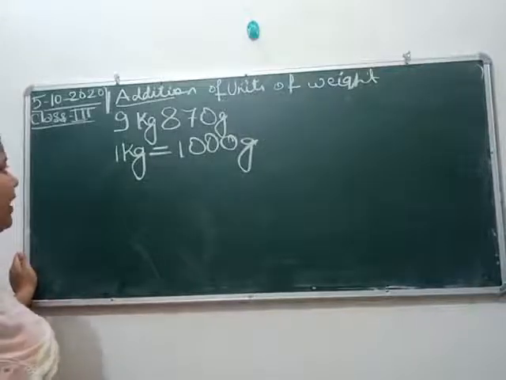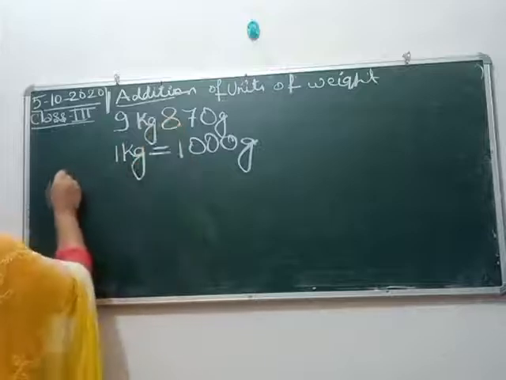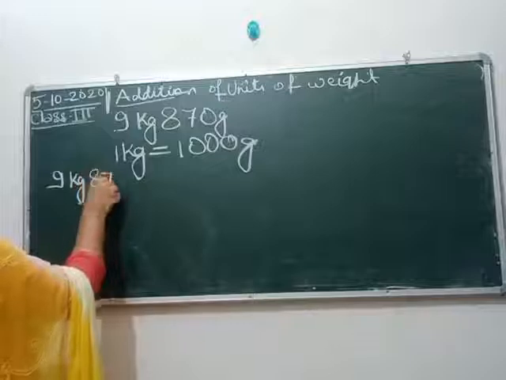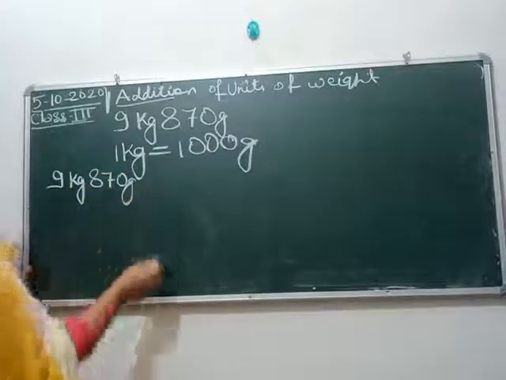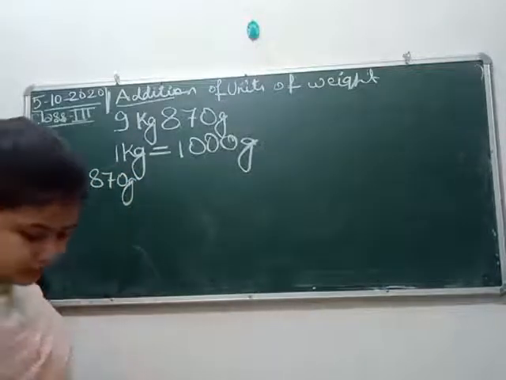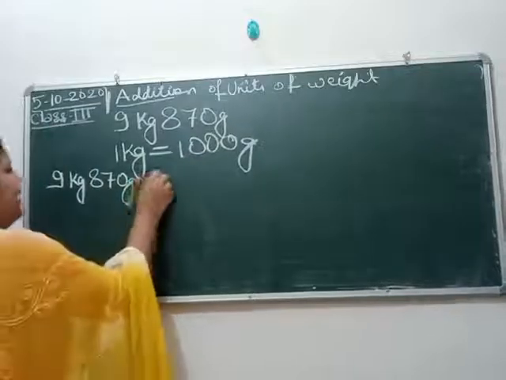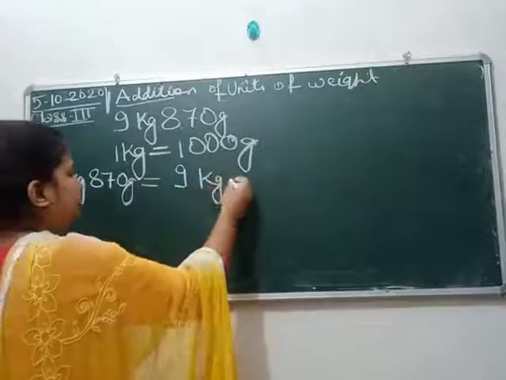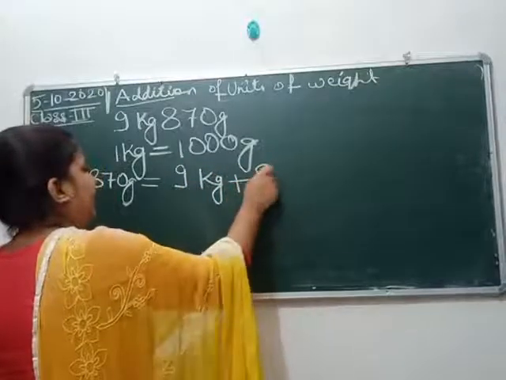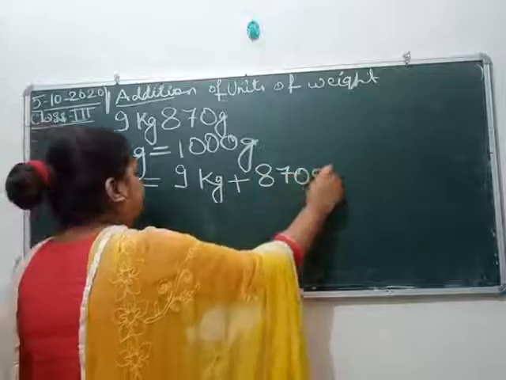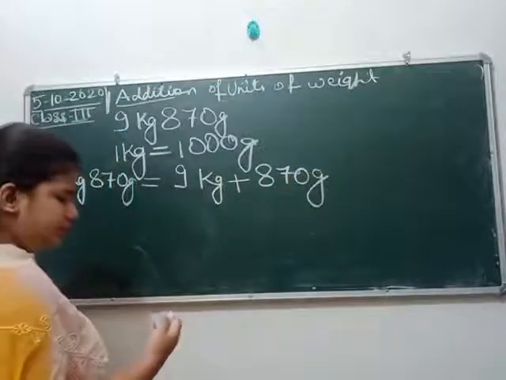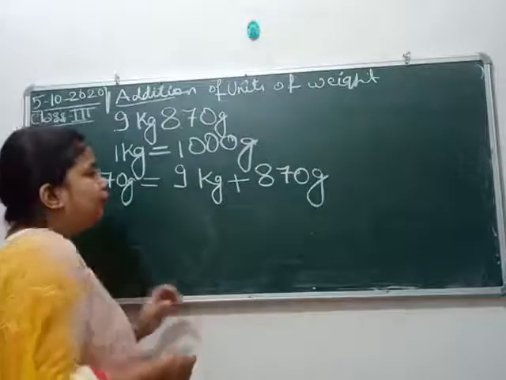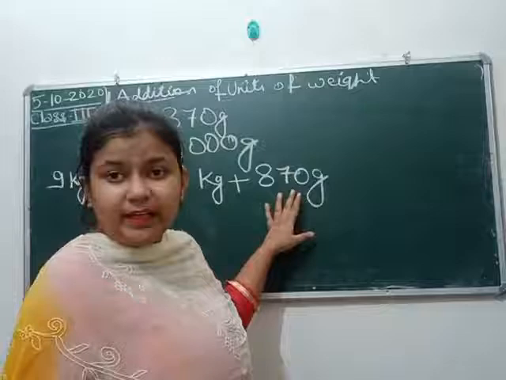What next are we going to write? 9 kg 870 gram. 9 kg 870 gram means 9 kg plus 870 gram. 870 gram is already given in gram, so we won't convert it.